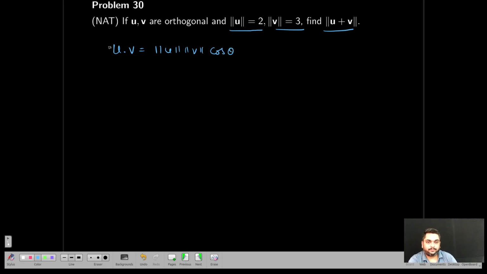Already we know. So this is 2 times 3 times cos of theta, and theta is 90 degrees because they are orthogonal.